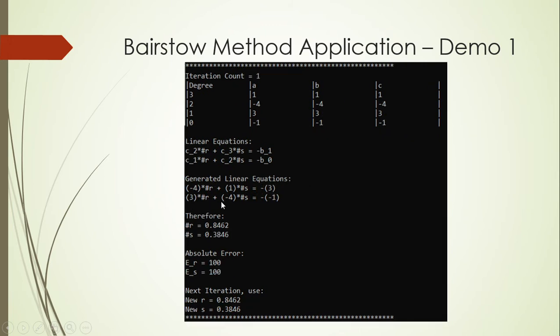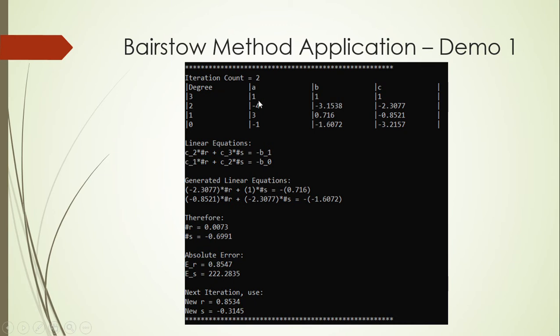Therefore, we get a new value of r of 0.8462 and the value of s equal to 0.3846. The absolute error of R is 100, as well as the absolute error of S. In the next iteration, we're going to use these new values of R and S.